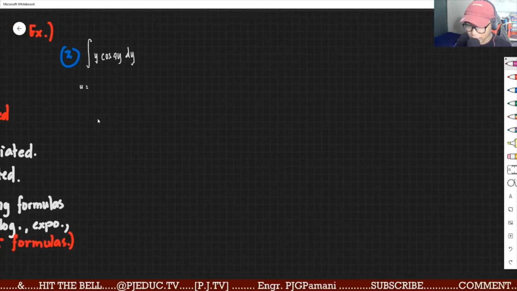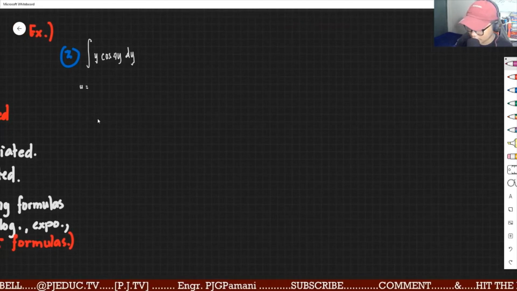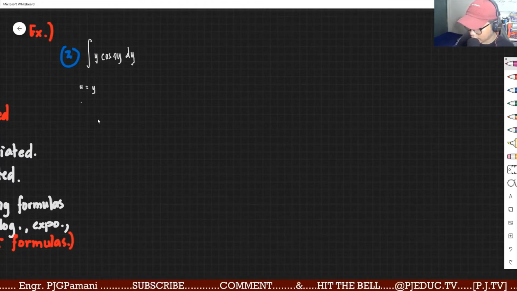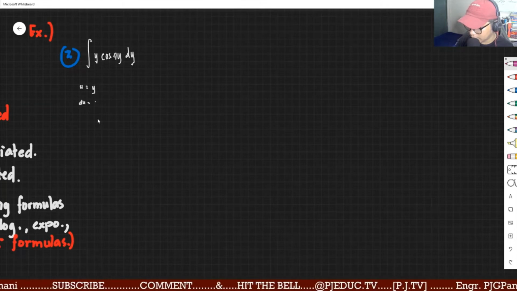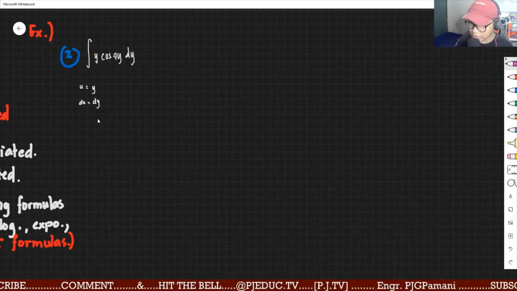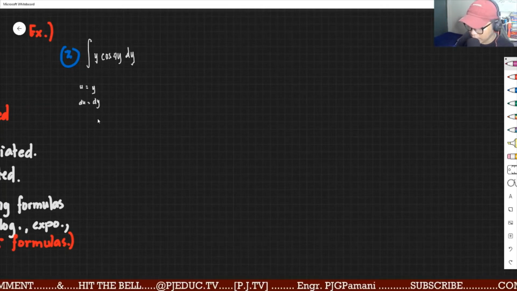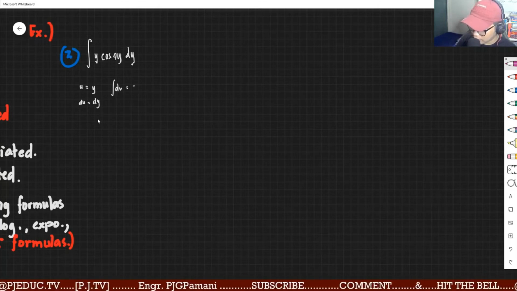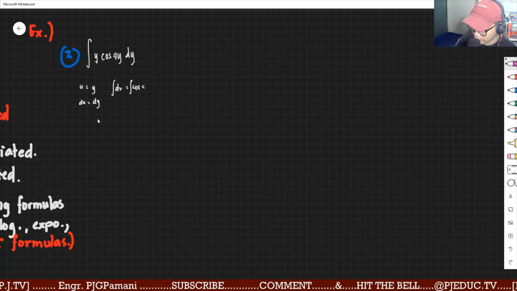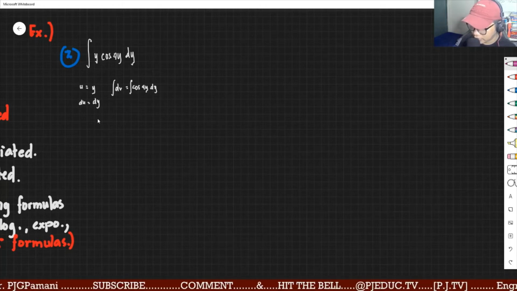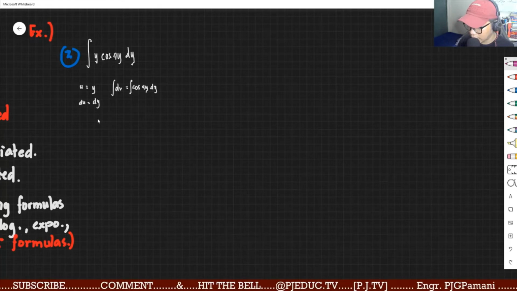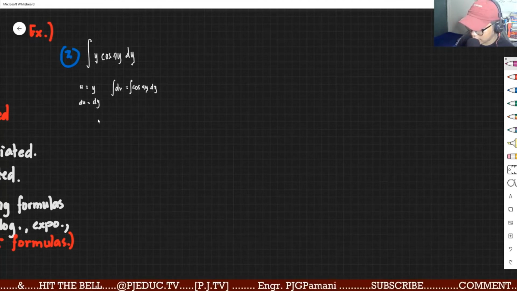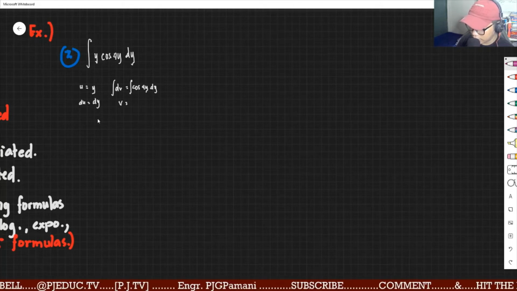Y. So, kung ginamit natin si y, differential of function u is simply dy. Then, differentiate it again, that is simply equal to 0. Then, our dv is simply equal to cosine 4y dy. The integral of cosine 4y dy, ano yan?